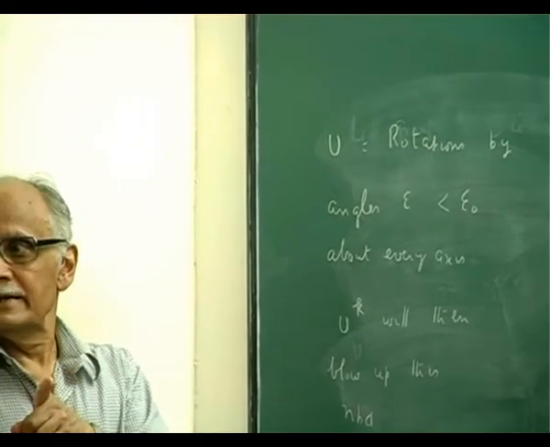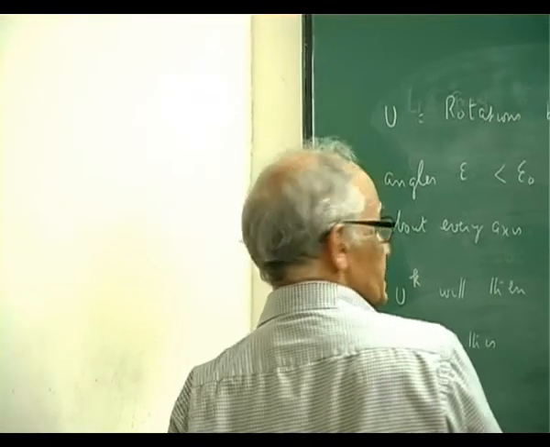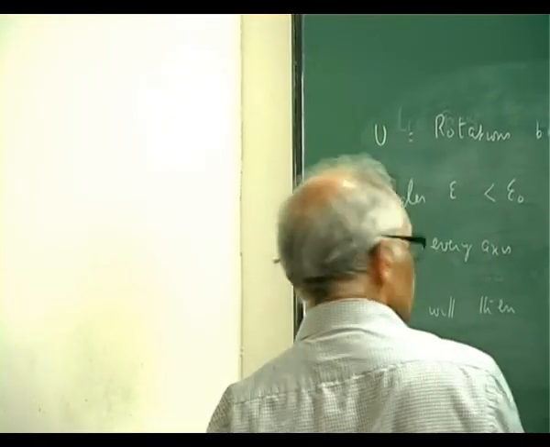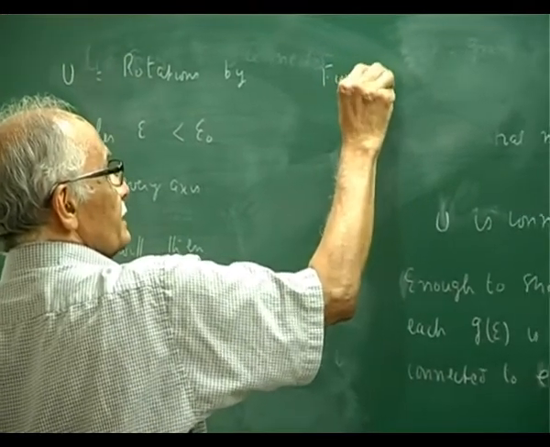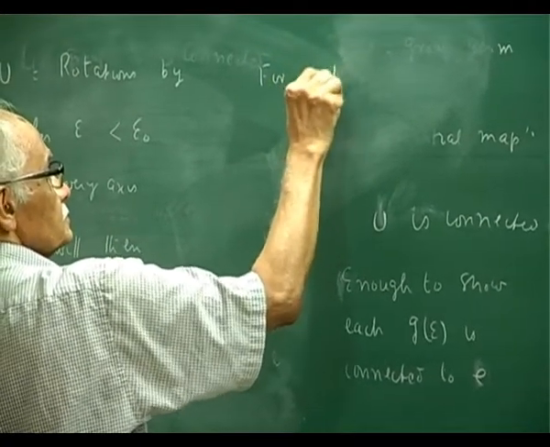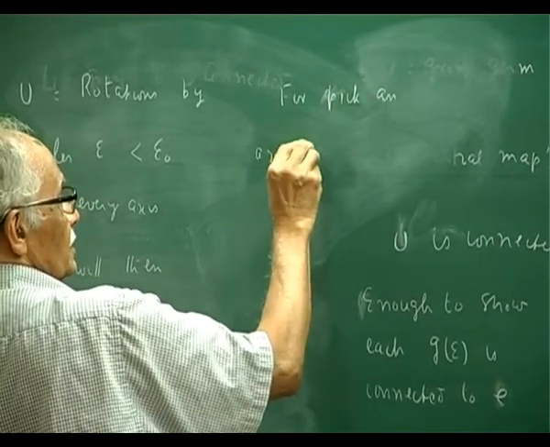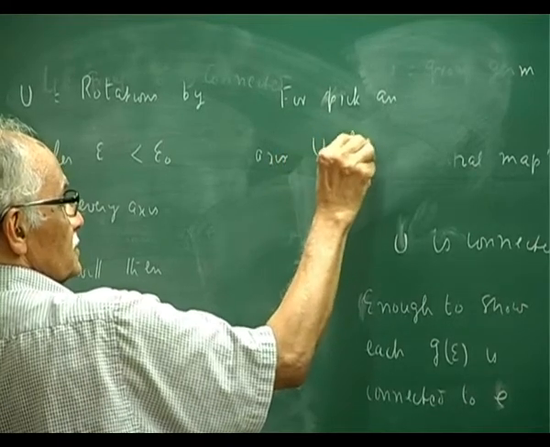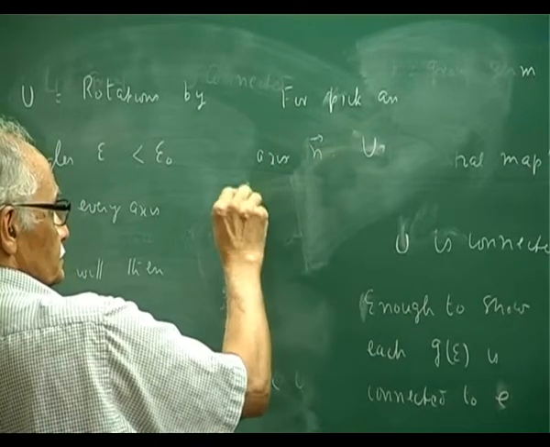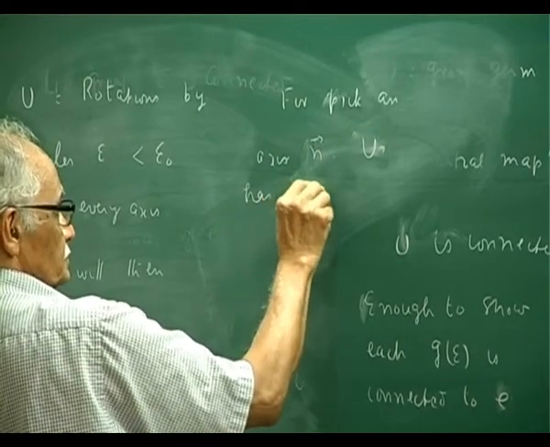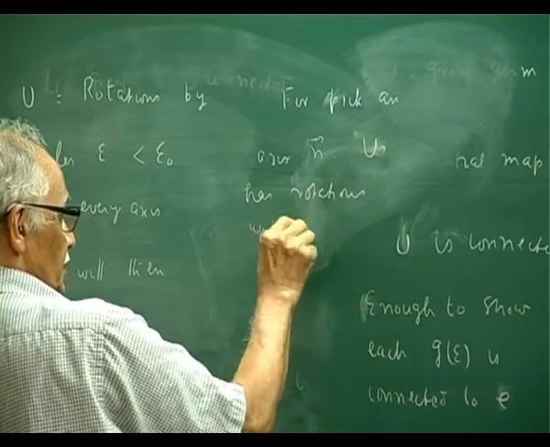You multiply again, you get up to 2 epsilon, 4 epsilon, it will go on like that. This is exactly similar: pick an axis n, U has rotations up to epsilon.